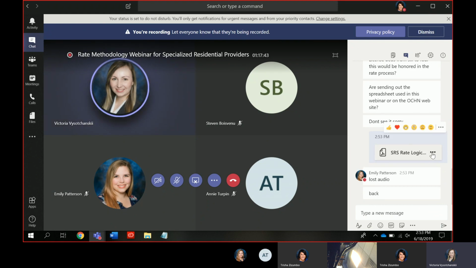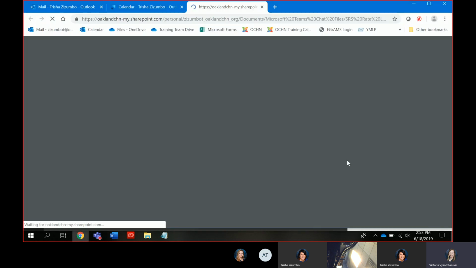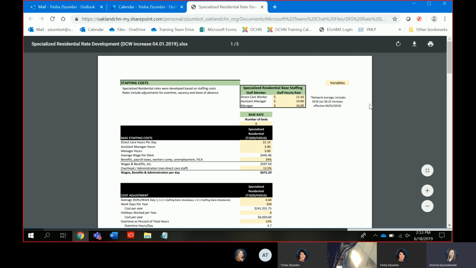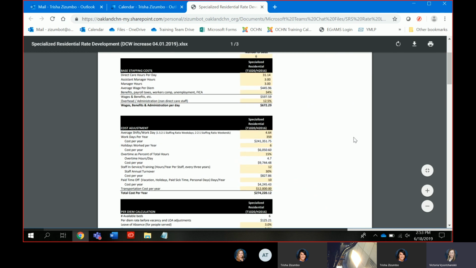Steve, if you're able to take the 3 dots and you'll be able to download that PDF, or you can open it online, which will show you everything that Victoria had gone over.